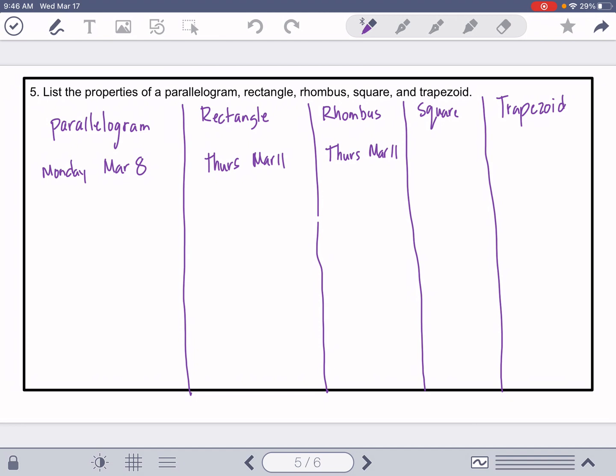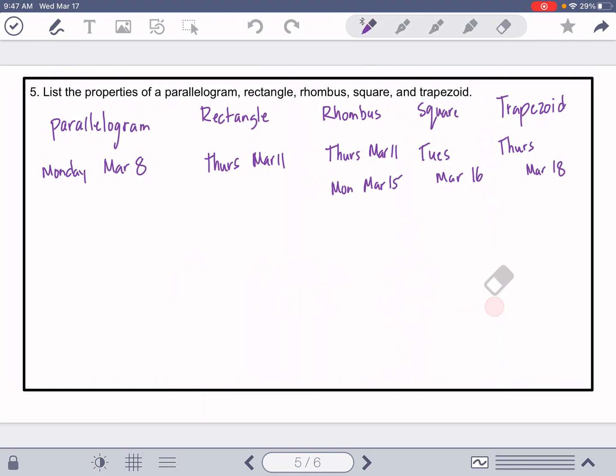And then I'm looking these up as I fill these out. You're also going to want to check out Monday, March the 15th for a square. It's Tuesday, March the 16th. And for a trapezoid, it's Thursday, March the 18th.